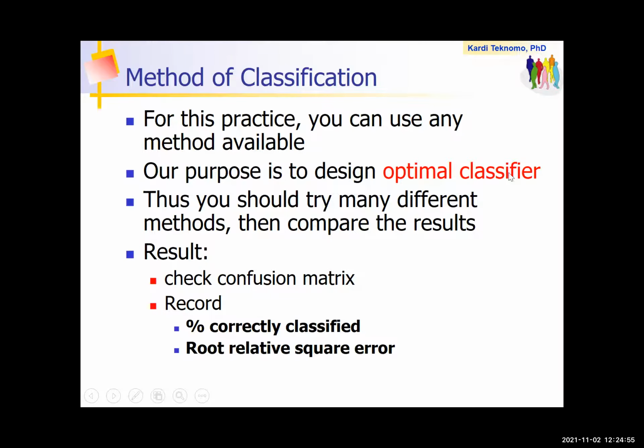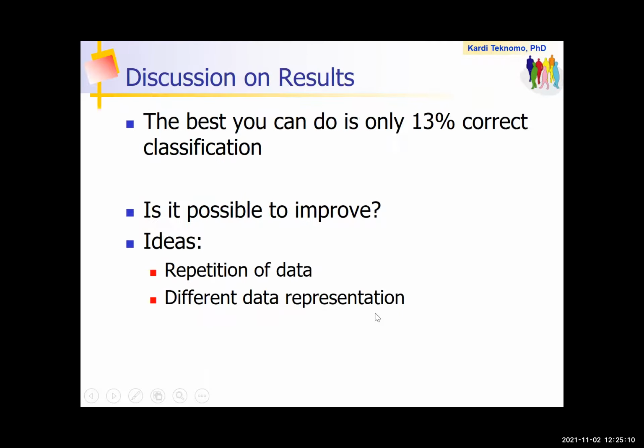Our purpose is to design an optimal classifier, right? You choose many different methods and compare. You check the confusion matrix and record the percent correctly classified, or if you want, you can add root relative squared error. And the best you can do using this technique is only 13% correct. Very bad, right? So how to improve?